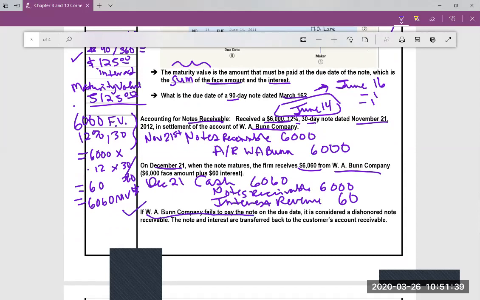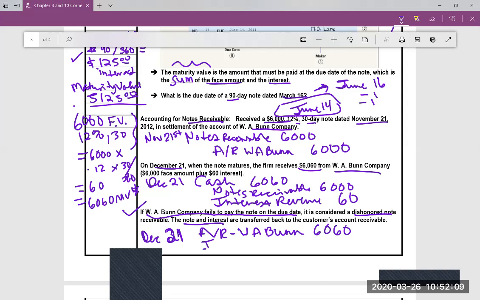Now pretend that didn't happen. Let's say they didn't pay the note on the due date. It's considered a dishonored note. The note and interest are transferred back to the customer's accounts receivable. So let's say instead W.A. Bunn doesn't come through on December 21st. Look at this entry. We're going to put it back into their AR, W.A. Bunn. This time it's not 6,000, it's the 6,060 because of that formal written agreement that they agreed to pay us interest.